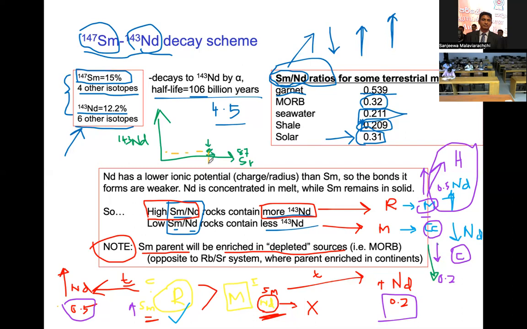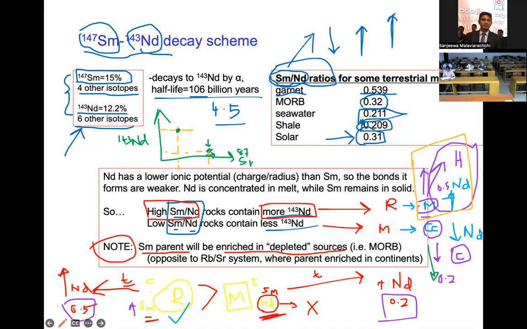If you take a mantle sample and analyze it, definitely you will see a low strontium value, so somewhere around here. And what about the neodymium in the mantle? It should be high, because it is a residue. So you will end up with a point somewhere here, compared to the continental crust.